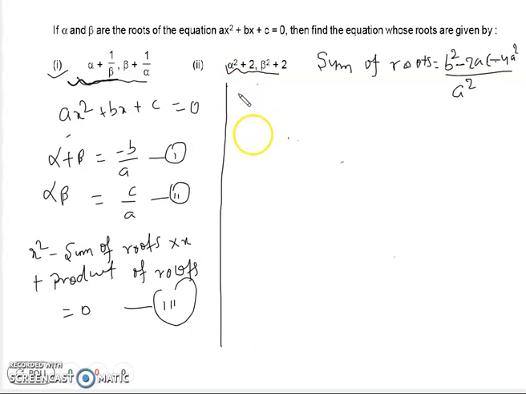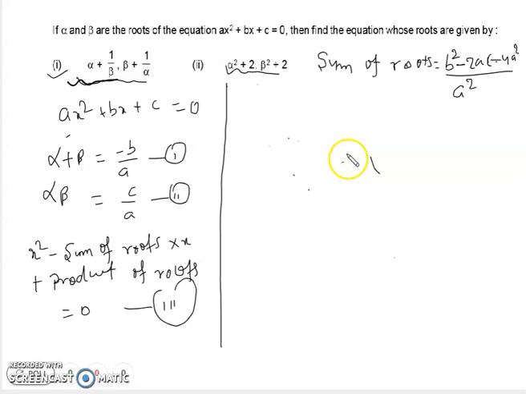So the roots are given. What are the roots, guys? You can say that one root is alpha square plus 2, and another root is beta square plus 2, right?